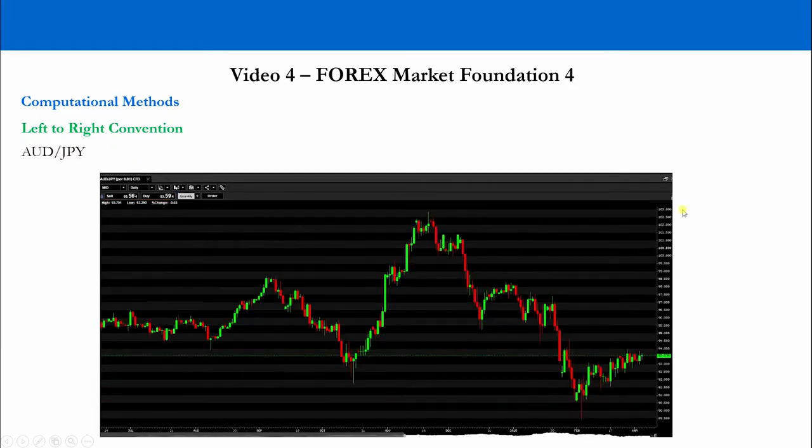What you'd be better off doing, you would optimally create a situation for yourself where you make a higher return if you actually buy the Aussie dollar Japanese yen exchange rate.